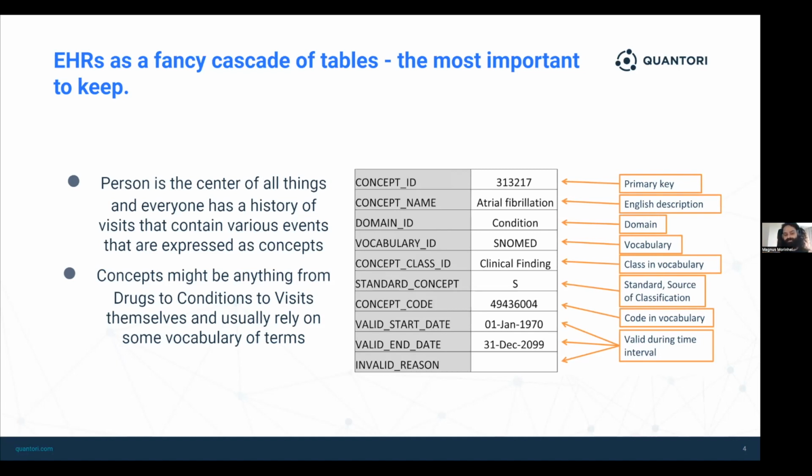Everyone has a history of their visits to different hospitals or medics, whatever it might be. And there are various events happening at that point of time. And these events are expressed as concepts, and concepts are different things, such as drugs, maybe some conditions, and it might be even visits themselves. So basically we just have some kind of an encoding that someone has a condition.